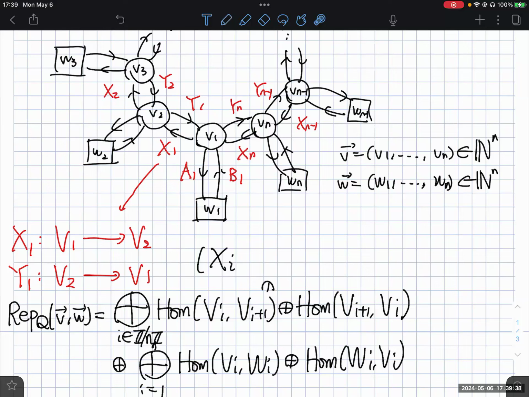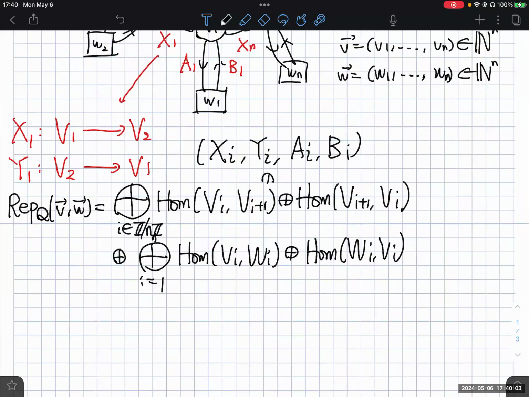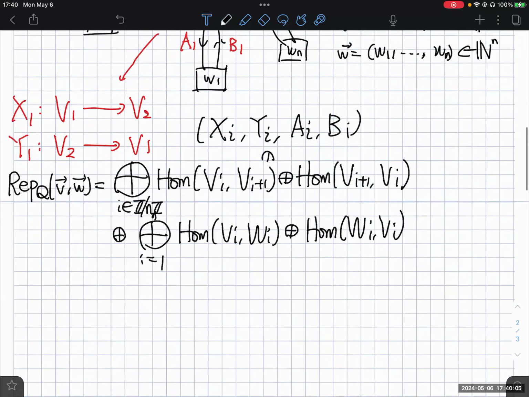The morphism from Vi to Wi we write as Ai, and the morphism in the other direction as Bi. These are the basic things that we consider in constructing the quiver varieties.